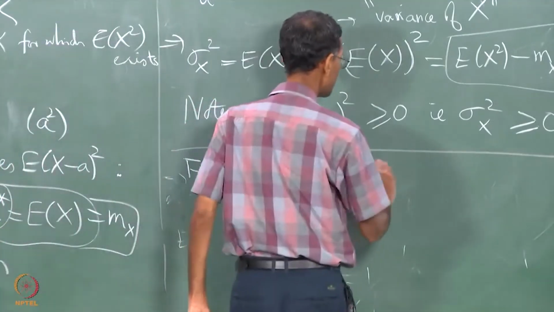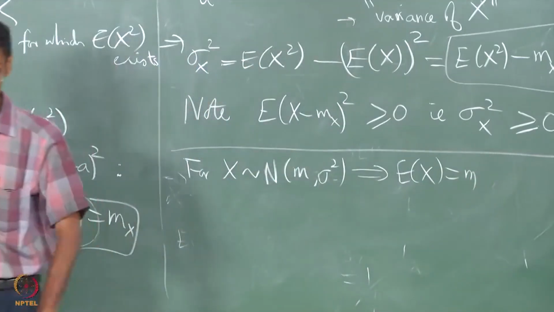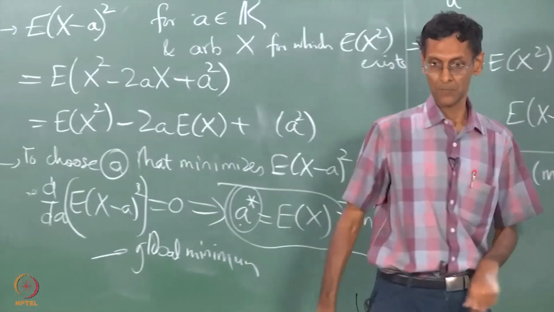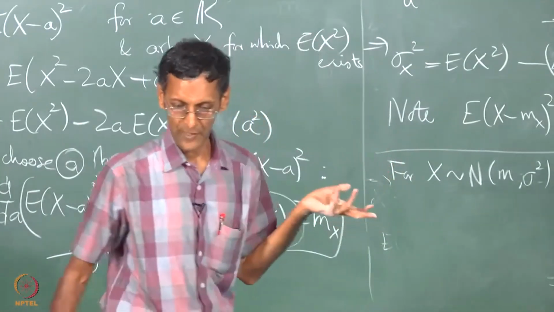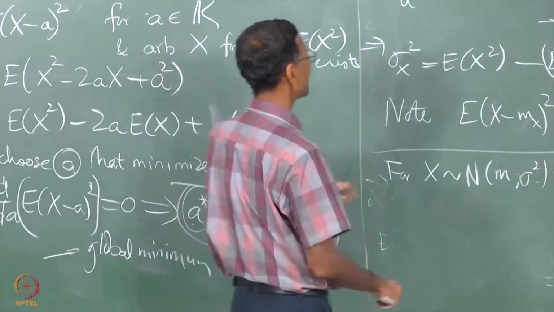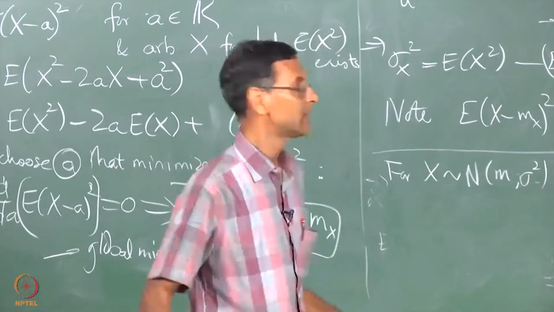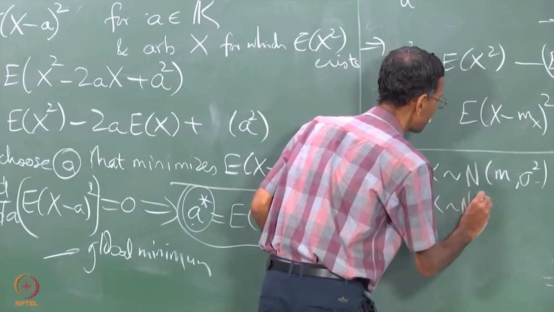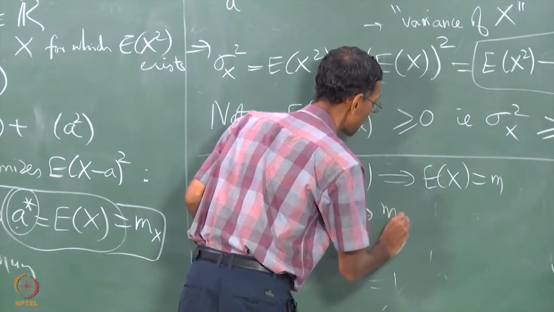So we know that for this, E of X is certainly m, that is mx is equal to m, this parameter m, because of the point of symmetry. And as I said, there is no problem with the existence of the mean or the mean squared. Now for the variance I am going to take m equal to 0. So if I take X as N(0, sigma squared), this implies that mx is 0.